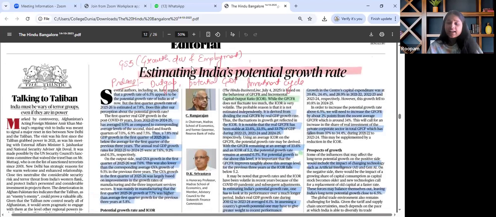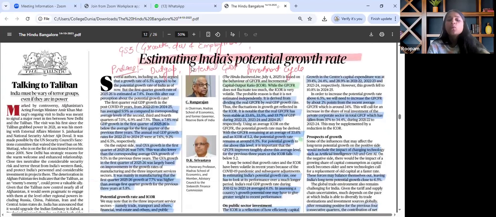When we map this article in our syllabus, it falls under GS paper 3, Indian economy, growth and development. From the prelims perspective, output gap, potential GDP, and the productivity factors are discussed in this article. There is an economic debate about the potential growth rate, the level of GDP growth without stoking inflation. The estimates vary between 6 to 6.5%.